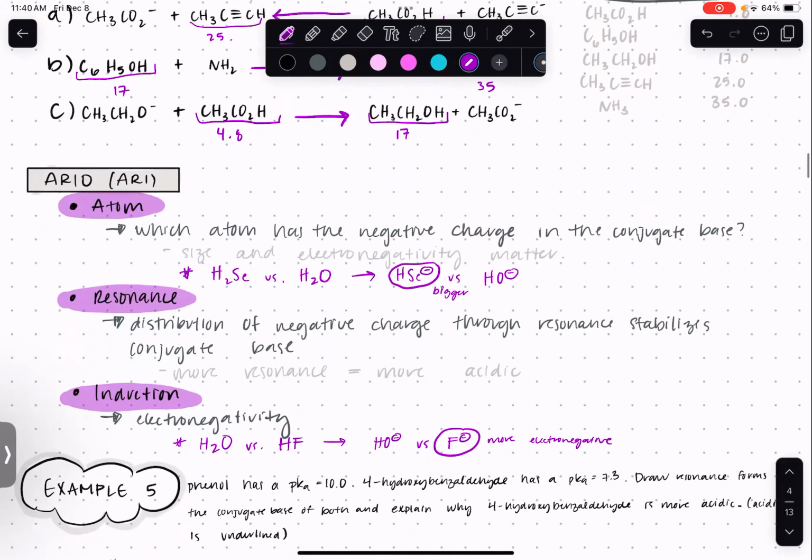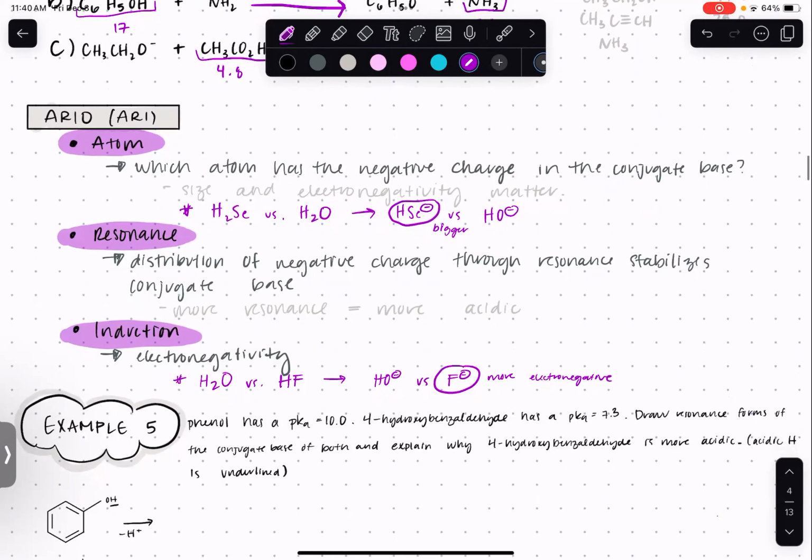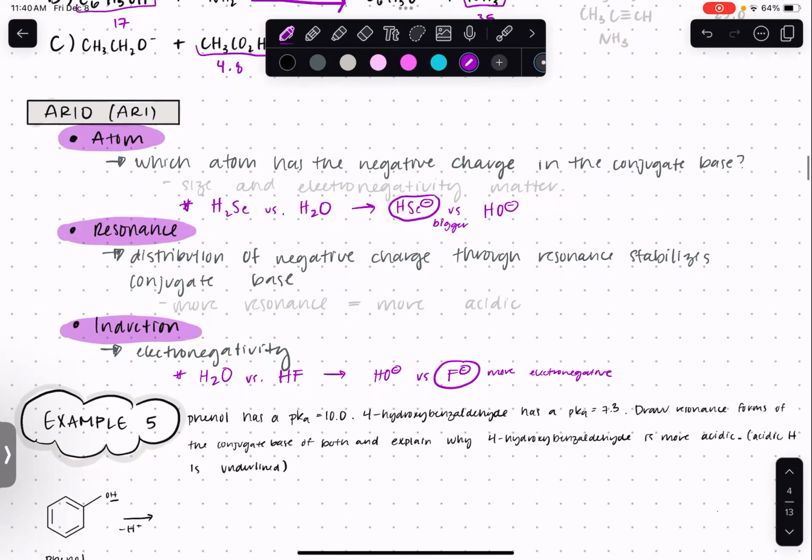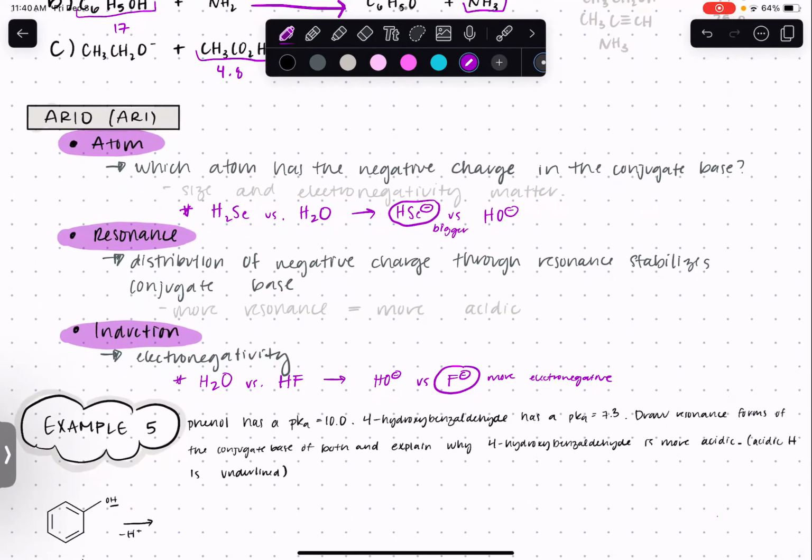All right. So then ARIO, which is more like ARI, because that's really what we focused on, was the A, R, and I. Atom is for the A, which is to say which atom has a negative charge in our conjugate base, and size and electronegativity matter.